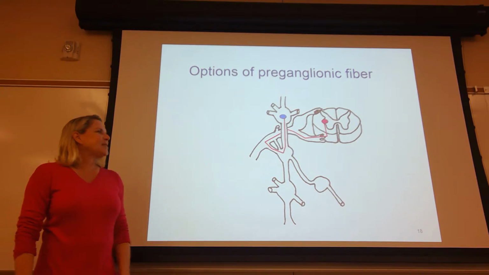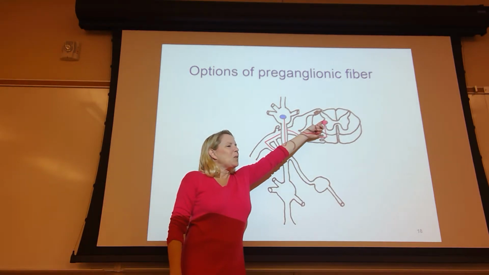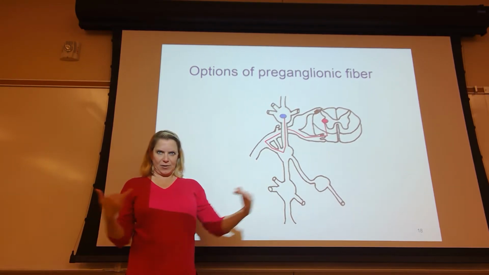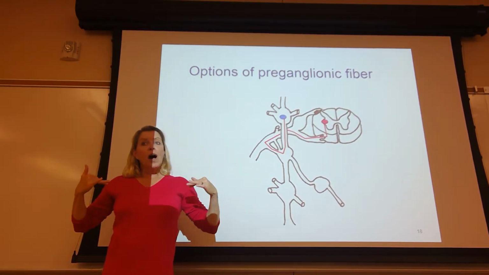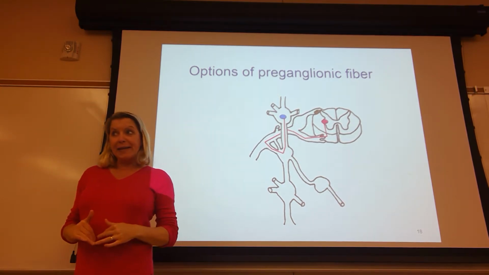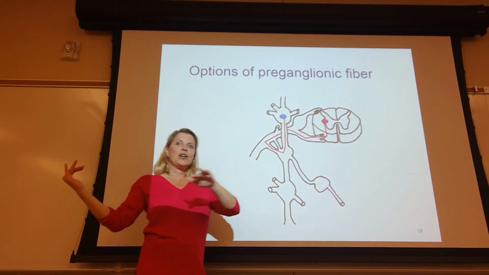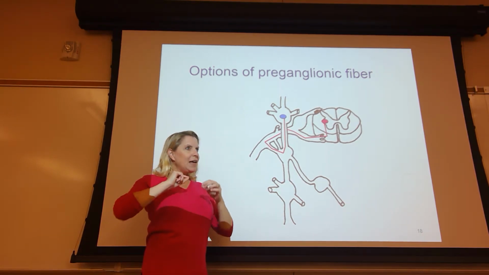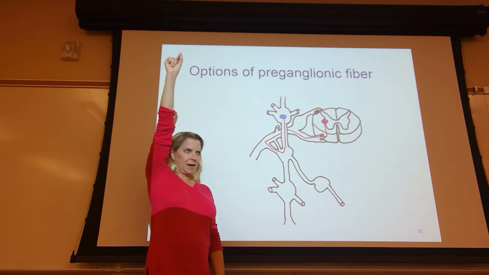Wherever you park, that's where you had to enter. Did you have options to go up or down? Yes, you did. But you have to enter at level wherever you were, and then you can sprawl up or down.